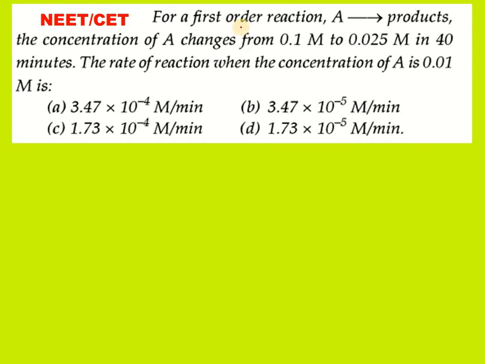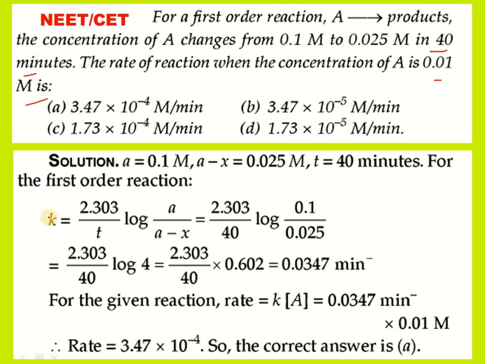Next question. For a first order reaction, A gives rise to products. The concentration of A changes from 0.1 molarity to 0.025 molarity in 40 minutes. The rate of reaction when the concentration of A is 0.01 molar is. So first order rate constant formula we have to write first. Then initial concentration is 0.1, a minus x value is given as 0.025, and the time is given as 40 minutes.